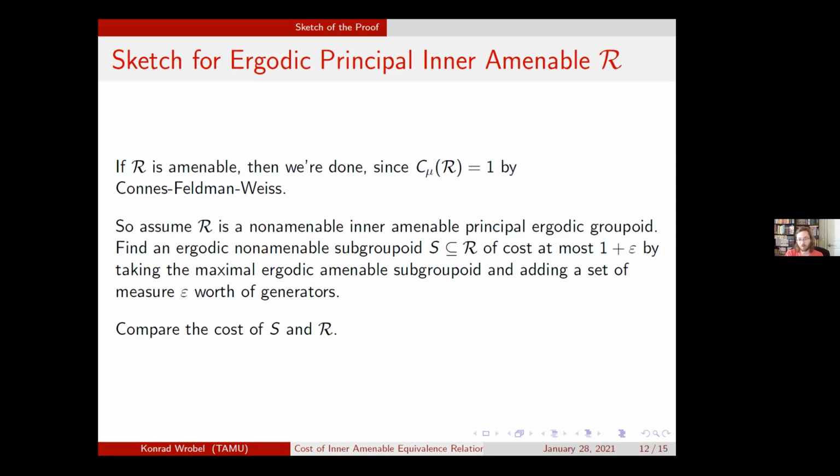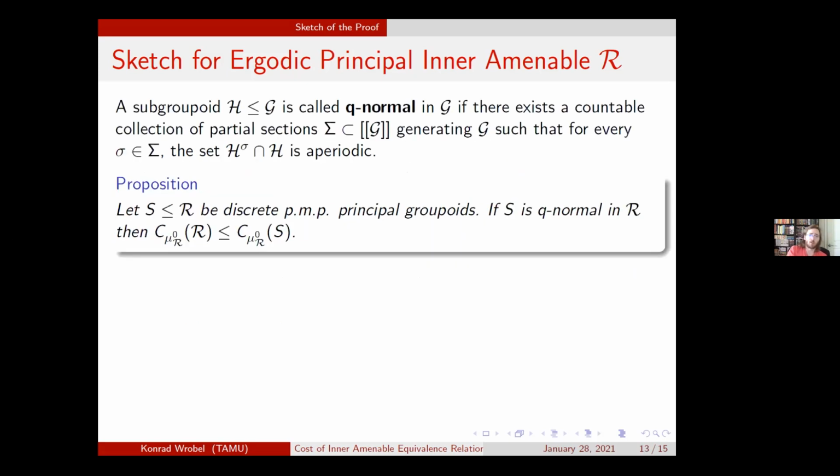In general, however, just being a subgroupoid or just being a subgroup isn't enough to give you any sort of relationship between the costs. You require some sort of normality between the two things, right? The notion of normality that we're going to use is Q-normality. Definition's on the screen, but the important thing is that you can witness Q-normality by looking at conjugates of the subgroupoid by bisections and asking whether the collection of conjugates for which the subgroupoid is mostly stable is large, in the sense that it generates the entire groupoid.